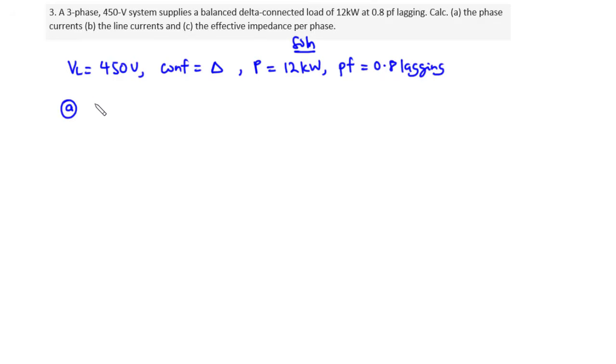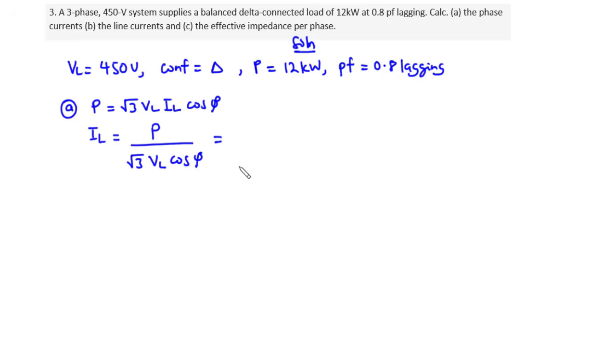Now we know that the total active power P is root 3 times VL times IL times cosine of angle phi. We have the value of P, the value of VL, and the value of cos of angle phi, which is the power factor. We can find the value of the line current. So the line current IL is equal to P divided by root 3 times VL times cos of angle phi.